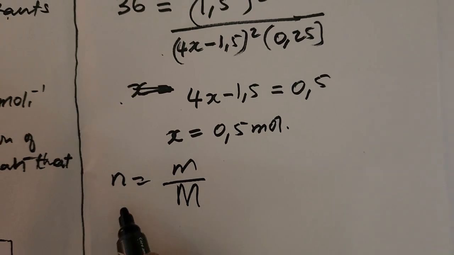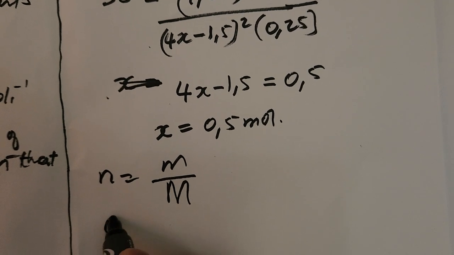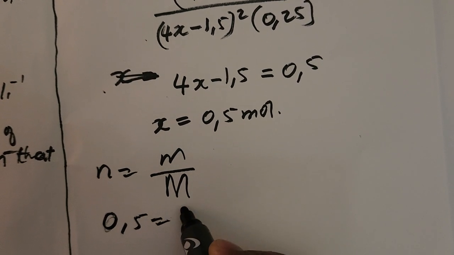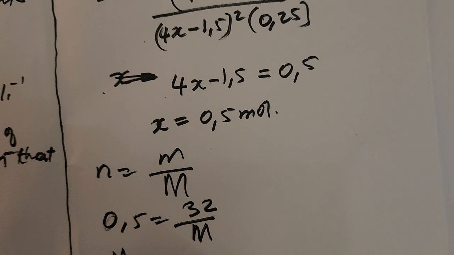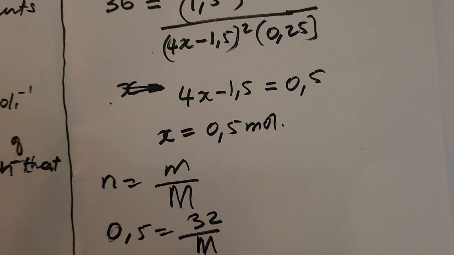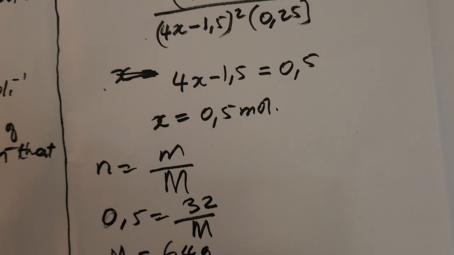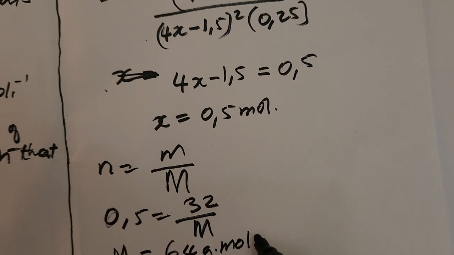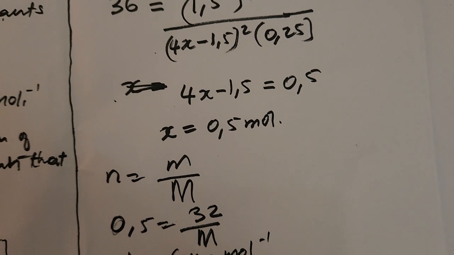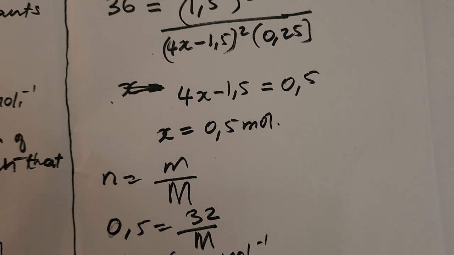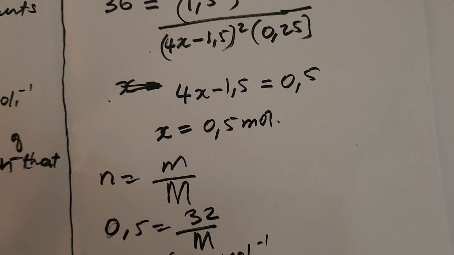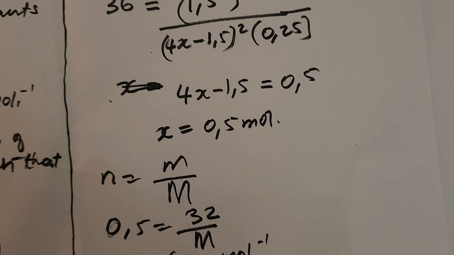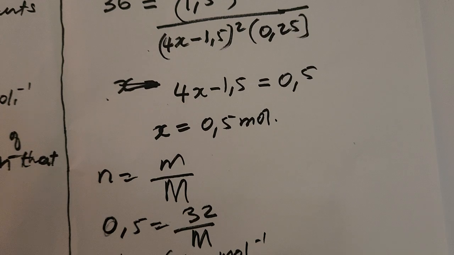I think we know the formula. 0,5 will be the same as 32 divided by M. Therefore M will be 64 grams per mole. Fine, no problem. Once M is 64, but now I need x. The molar mass of XO2 will be now 64.